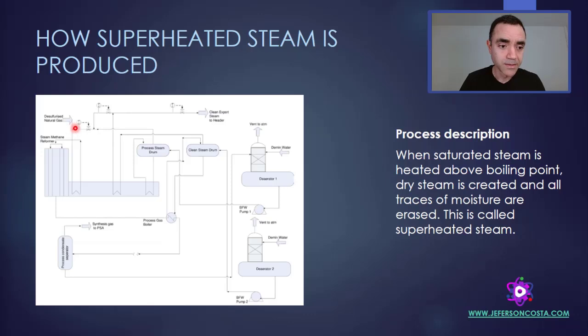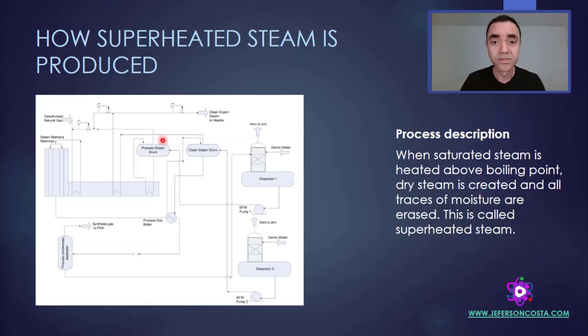It mixes with the methane, and I heat up this stream again for heat integration, using this temperature to expend less fuel in the furnace or in the reformer. So in this case, I am using the saturated steam in my process.